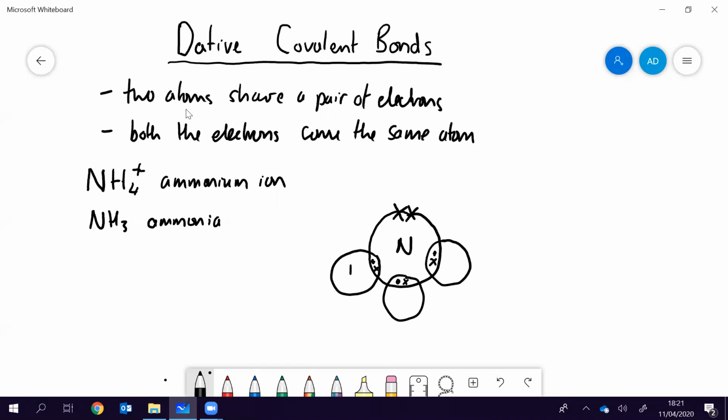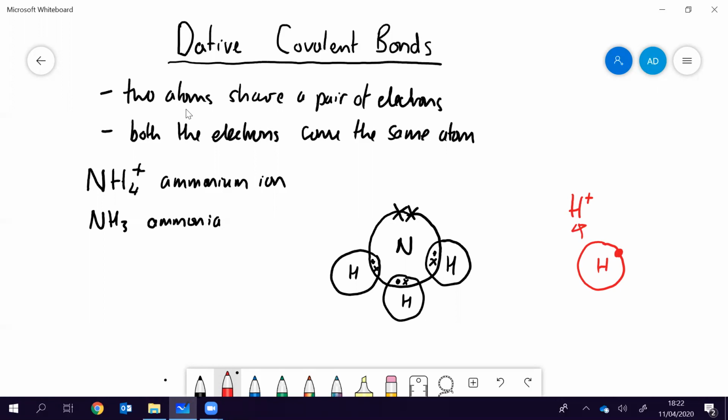These are all hydrogen atoms here. So what can happen is this can grab hold of an H plus ion. An H plus ion is a hydrogen atom that has lost its electron. So there'll be a hydrogen atom with its electron, and H plus is when it's got no electrons at all.